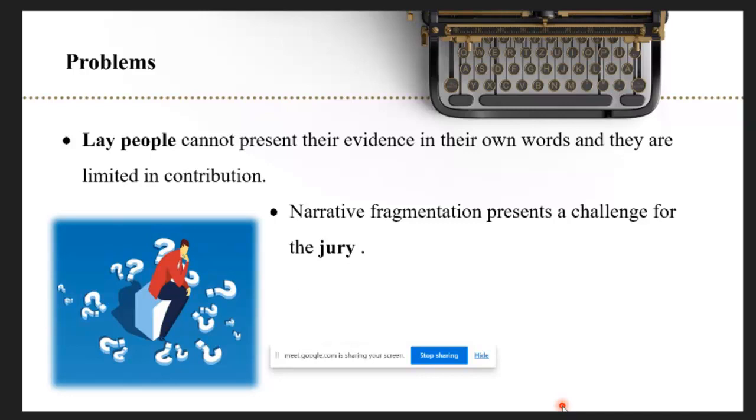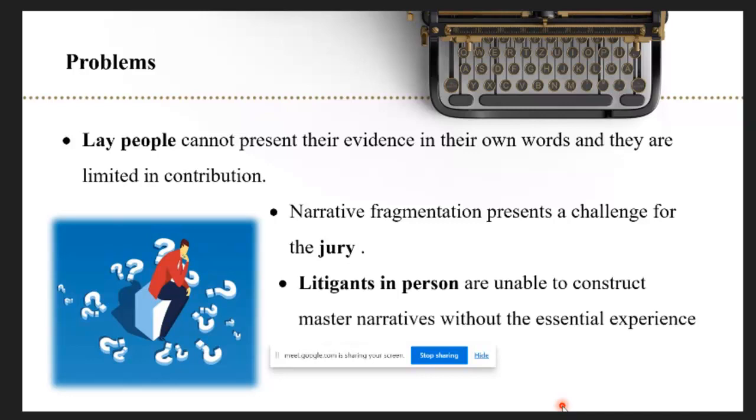And the last group is a really special one. That is the litigants in person. These are the people who present themselves without a lawyer. So obviously, you can guess now that they don't have sufficient skills or knowledge to defend or present themselves in court.